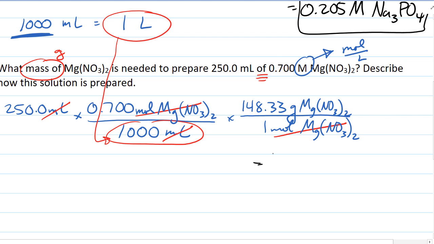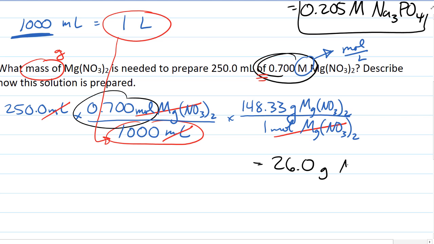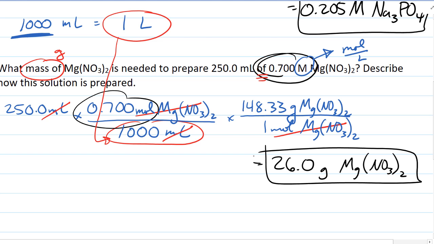I hear 3, I hear 4, it is 3. Fewest of these here is 3. So this is going to be 26.0 grams of magnesium nitrate. Okay.